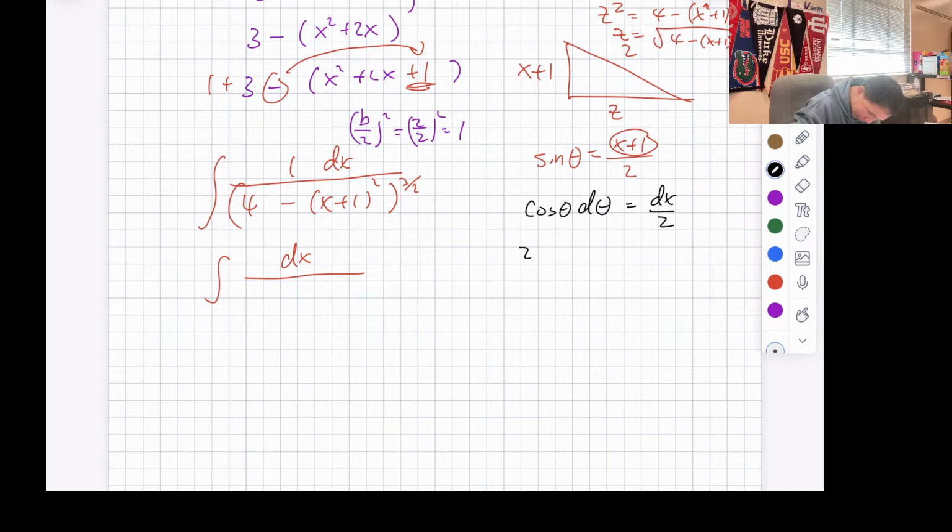And that's equal to 2 cosine theta d theta equal to dx. So now I'm going to change this dx to that. Don't ever forget that. I told you yesterday, it's one of the things people usually forget when doing trig integrations. So it's 2 cosine theta d theta and the 4 minus.